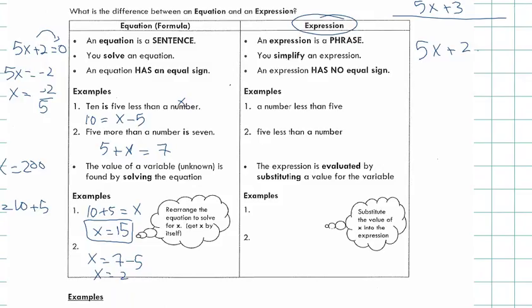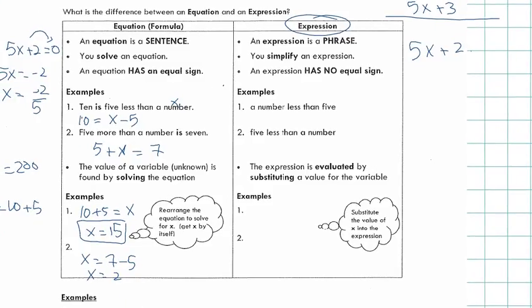Yeah, less than. Because if it's the other way around, it would be "5 less than the number." In this case, it's "a number less than 5." So you have 5, and then you have a number less than it. So the number would be x.